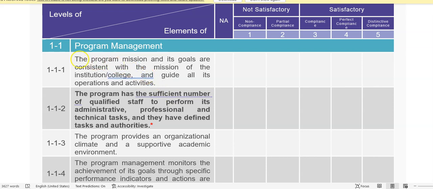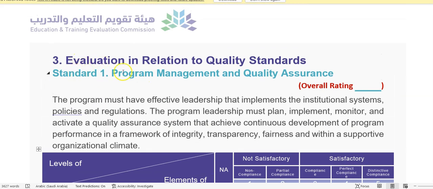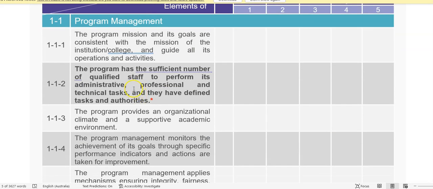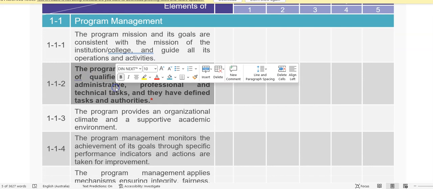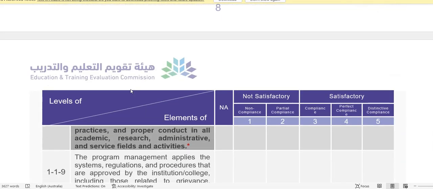And as you see, the mission is included in the program management and quality assurance. So you have essential criteria. This one essential. This is the second one.